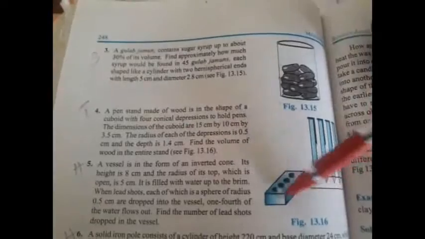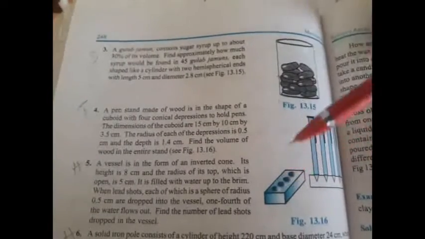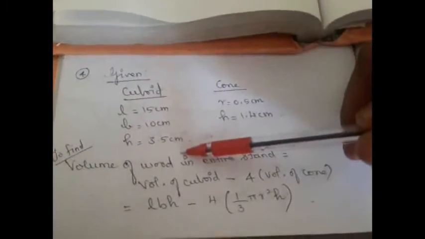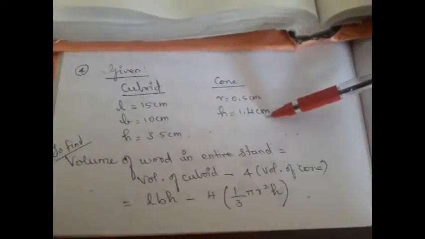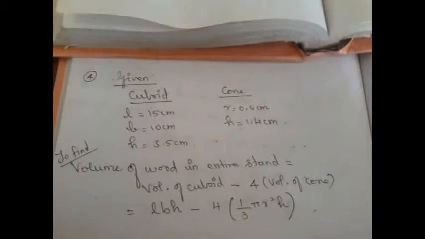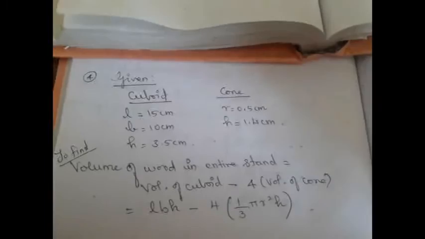So volume of the wood in the entire stand is going to be volume of cuboid minus 4 times volume of cone. See, the cuboid measurements are directly given and cone measurements are also directly given in the question. If you substitute in the formula, we can get the answer, right?